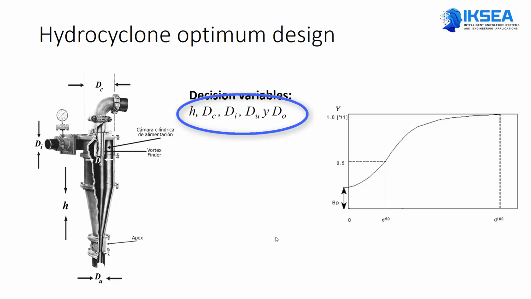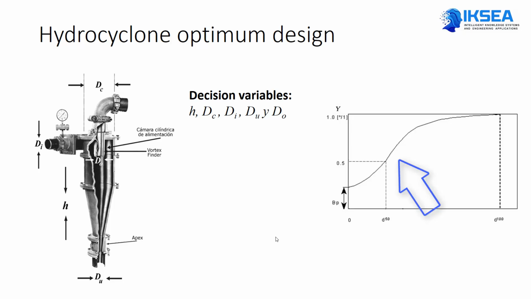Obviously, there are infinite possible combinations. How to make the decision? A hydrocyclone model allows us to find its efficiency curve, taking into account certain decision variables and operating conditions such as flow rates, pressures, and densities.